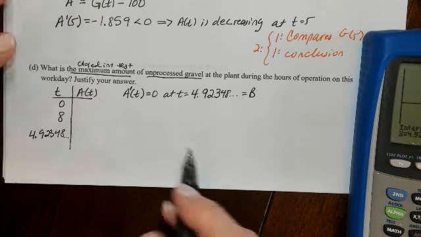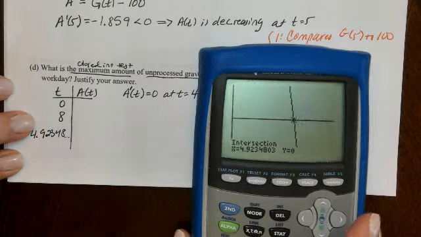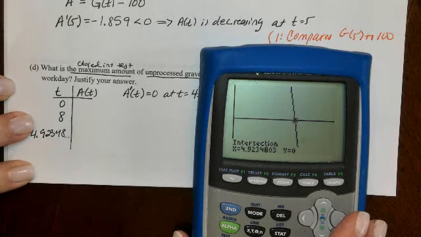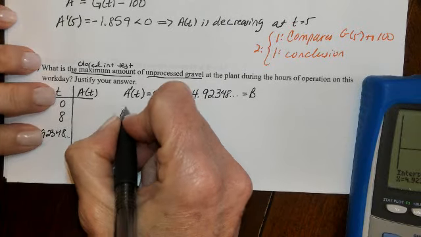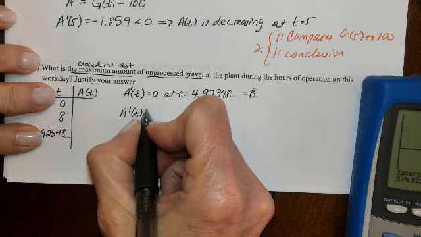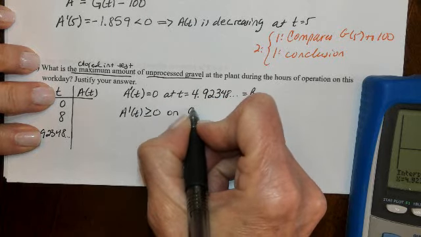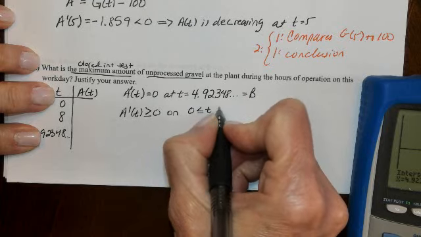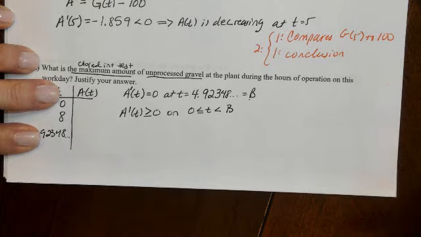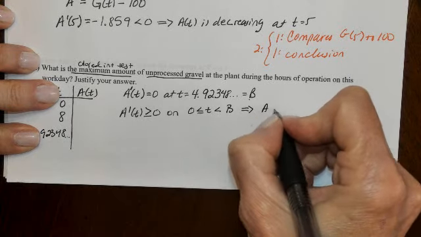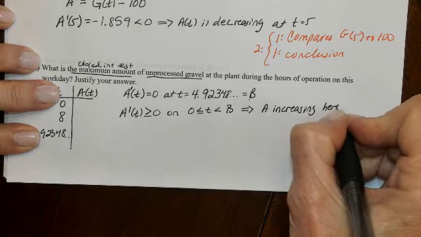Okay. So now, I started by using the closed interval test, but I'm not going to use that. I'm going to use my rationale that that has to be my absolute max. So I'm going to say, all right, A prime is greater than 0 on 0 to B, and that means A is increasing on that interval.